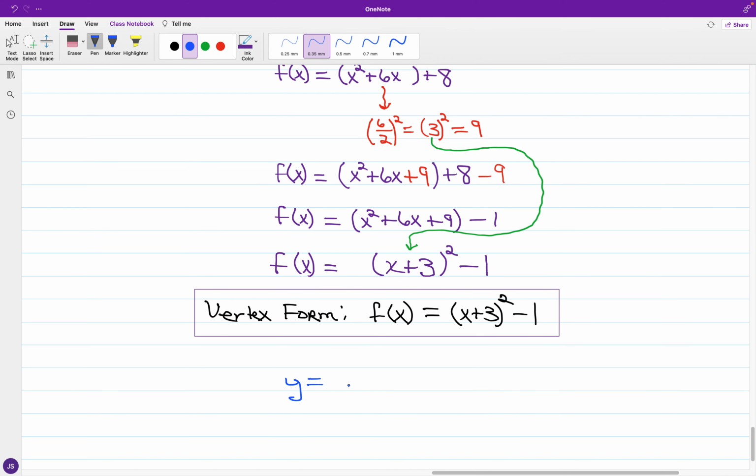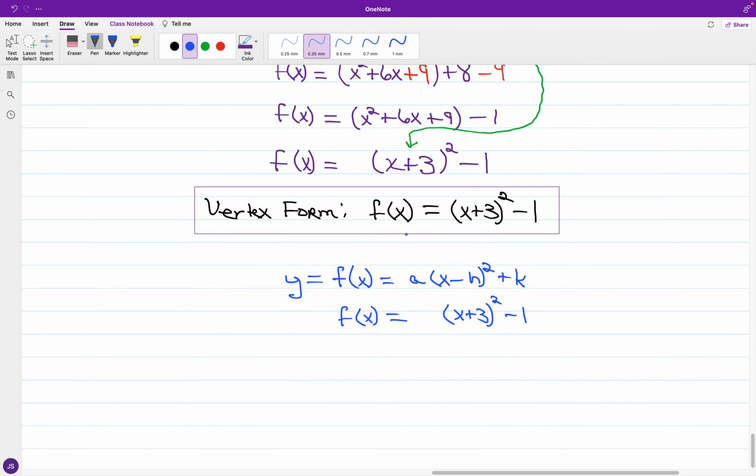And now just determining what the vertex is going to be. So again, we have the vertex form, and we have implicitly that a is equal to 1.